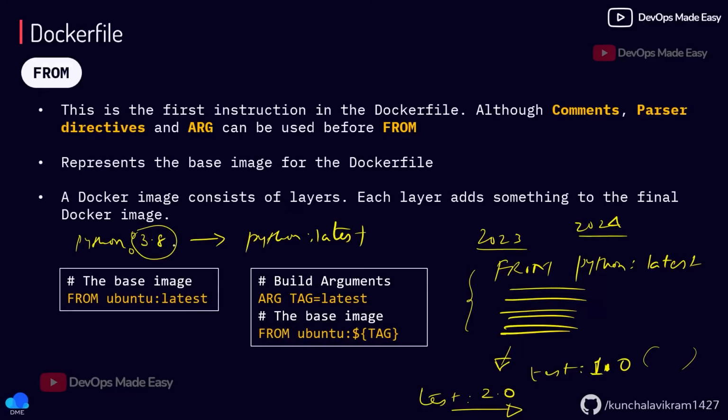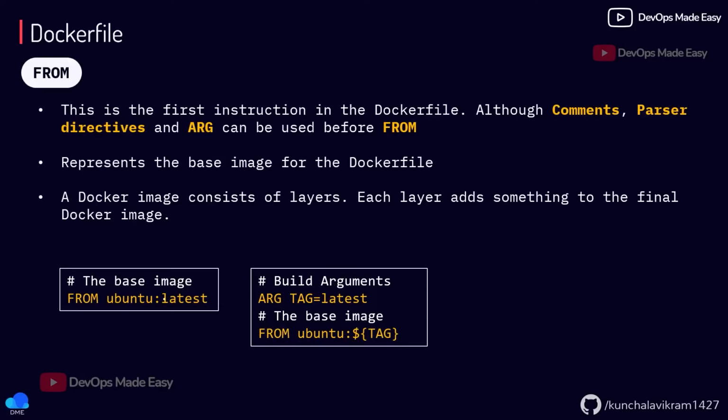So in 2023, this latest tag is pointing to 3.8. Probably in 2024, this latest tag might point to Python 3.12. Got it? Yes. Which means it can break your source code. Your source code may not support that particular latest version of your image. That's the reason why you should always tag it. If you're using 3.8, just tag it with 3.8.